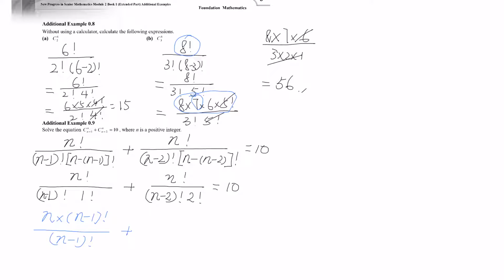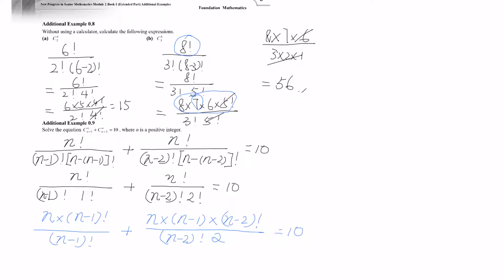Similarly for the second term, n factorial, since the denominator consists of (n minus 2) factorial, we write the numerator as n times (n minus 1) times (n minus 2) factorial, over (n minus 2) factorial times 2 factorial, which equals 10.